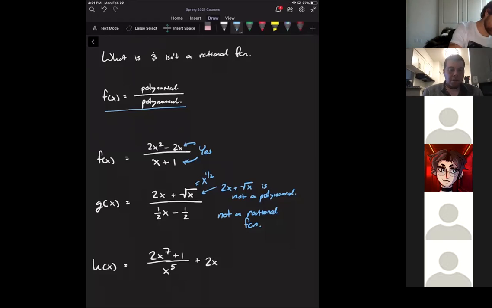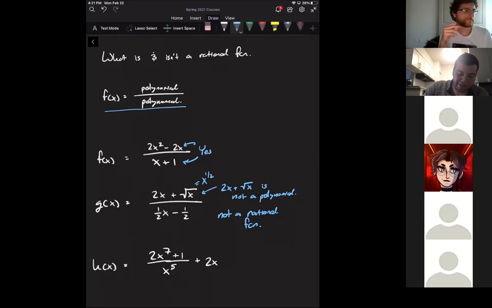Okay, so I think almost everyone said they think it is a rational function. Can someone who thinks it is a rational function tell me why you think it's a rational function? There's no fractions and no square roots. Yeah, there's no fractions, there's no square roots.